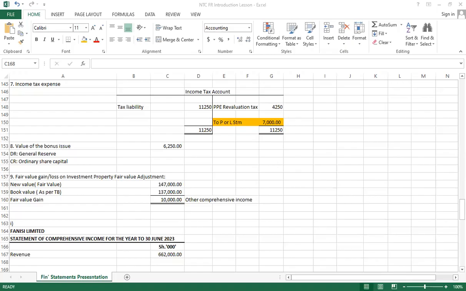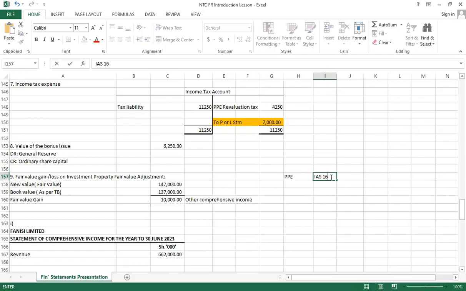Actually, yes, I have a question. When you're talking about fair value and the revaluation, the concept is the same, but it's just the different standards that are covering? Yes, the concept is the same, but the assets on which we determine them are governed by different accounting standards. Revaluation is normally strictly on PPE. PPE is governed by International Accounting Standard number 16.